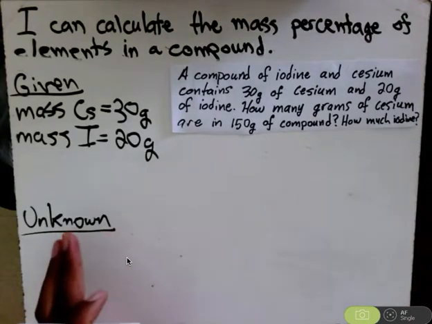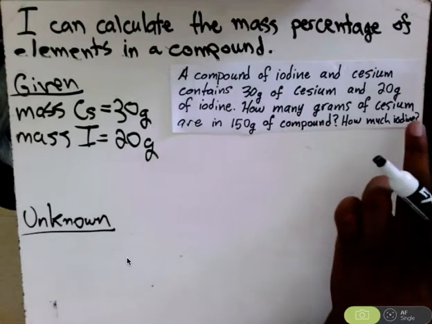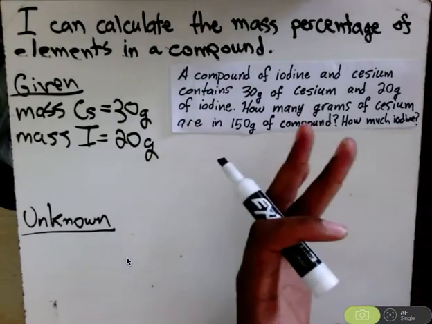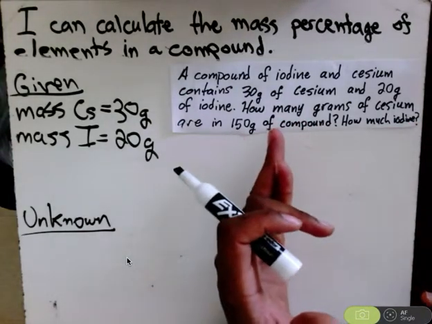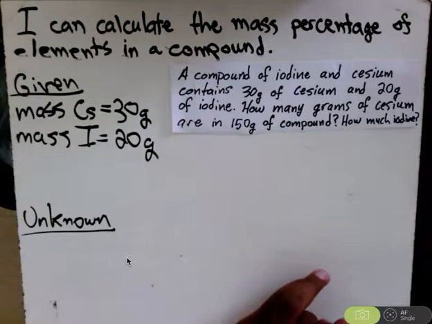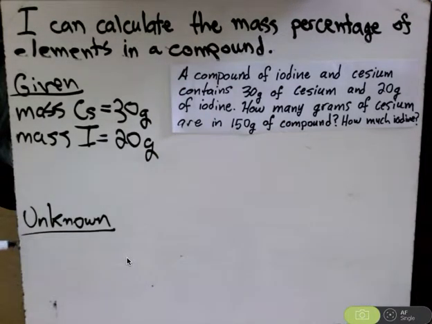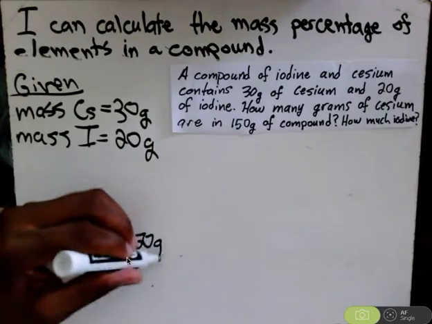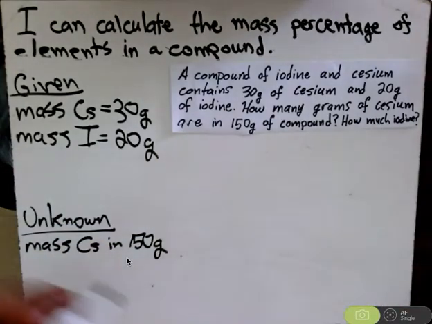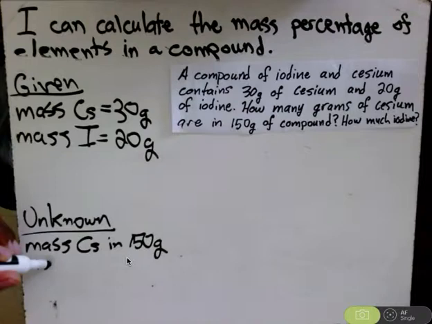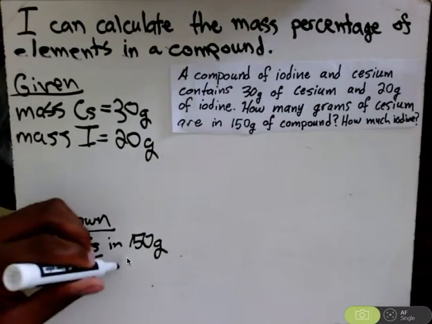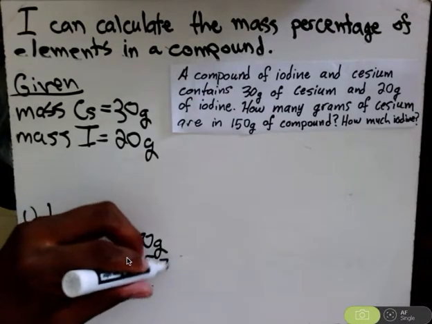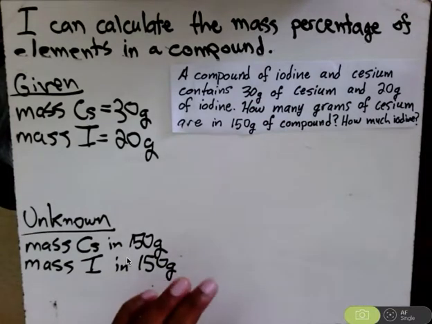It is how many grams of cesium would there be if we had 150 grams of a compound? So our unknown is going to be the mass of cesium in 150 grams. Our other unknown is the mass of iodine in 150 grams of the compound.